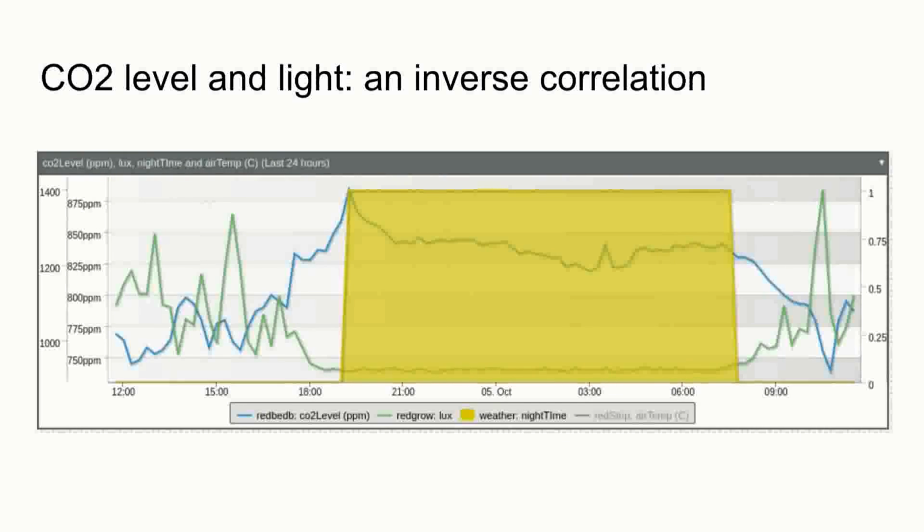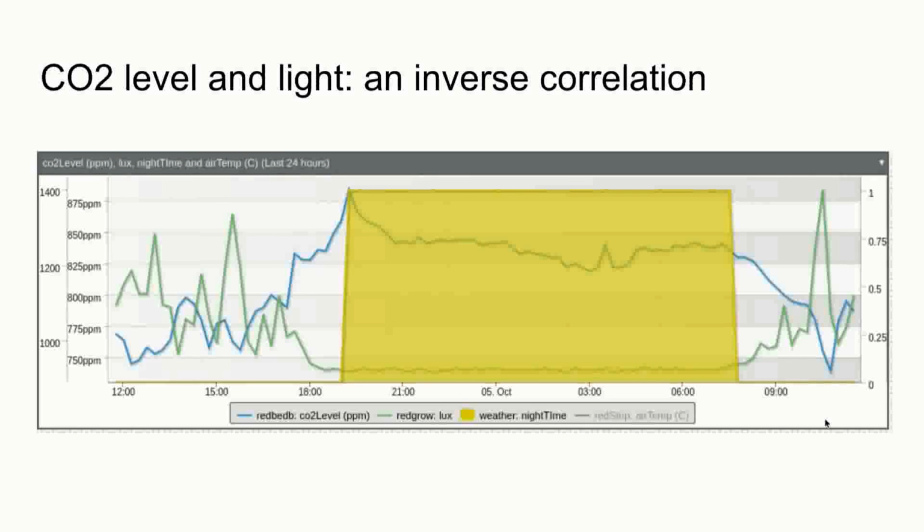Meanwhile, in blue, we can see the CO2 levels measured in parts per million, and it's inversely correlated. So when the light levels go up, we can see the CO2 levels will go down. And that's because the plants are conducting photosynthesis. They're consuming the CO2 and they're producing sugars.